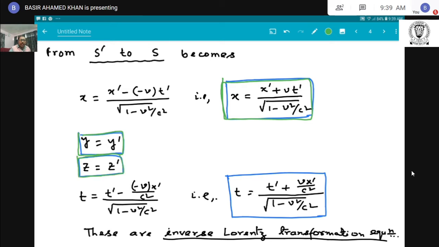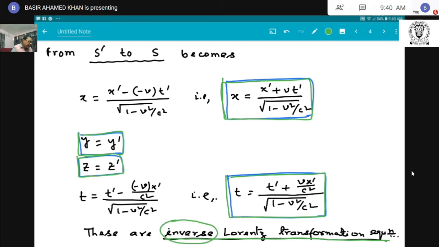And lastly the time, t equal to t dash plus vx dash by c square divided by root over 1 minus v square by c square. These are the inverse Lorentz transformation equations.